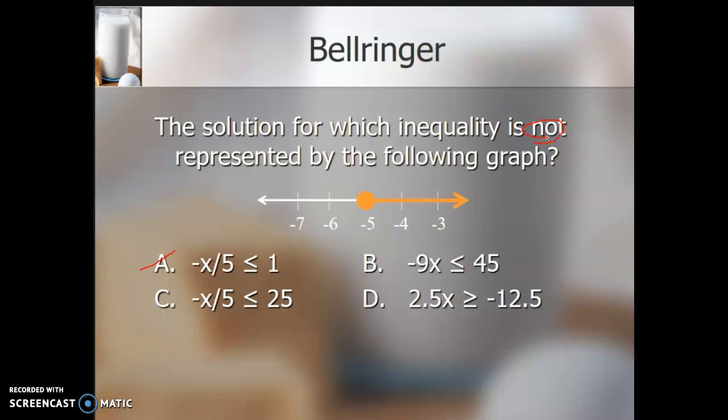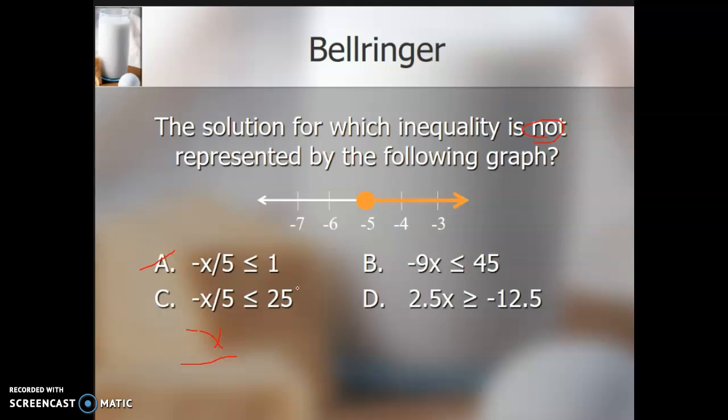Again, you have a negative x divided by 5, is less than or equal. If we apply the negative to the 5 and we multiply both sides by -5, this number will be much bigger, so this is not represented by the graph.